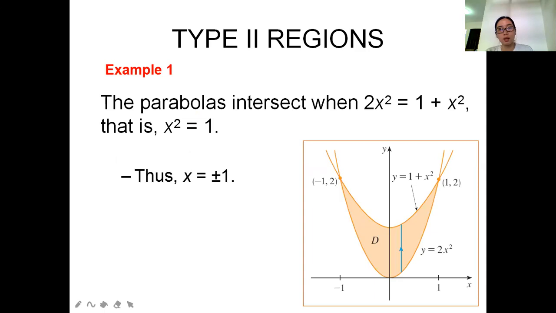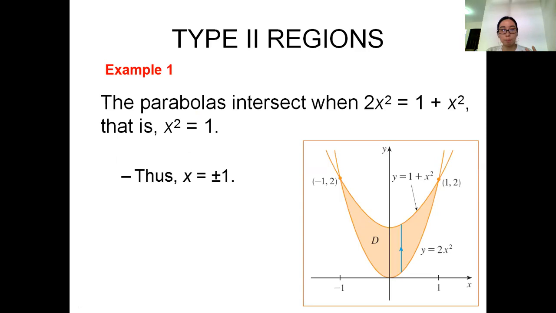The parabolas which bound the region D are, first, y is equal to 2x squared, then the second parabola is y is equal to 1 plus x squared.